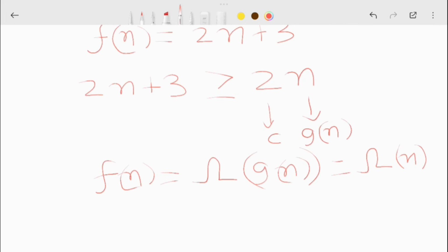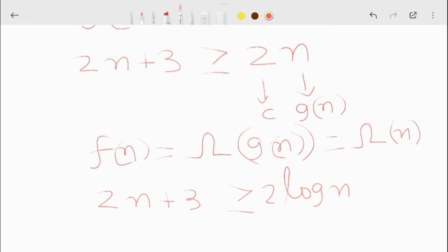So we can also write this 2n plus 3 is greater than or equal to 1 into log n or 2 into log n. So 2n plus 3 is always greater than 2 into log n. So here this is c, this is g of n.